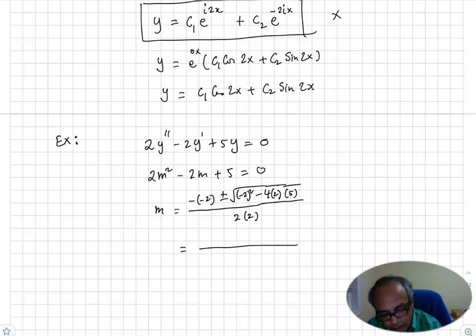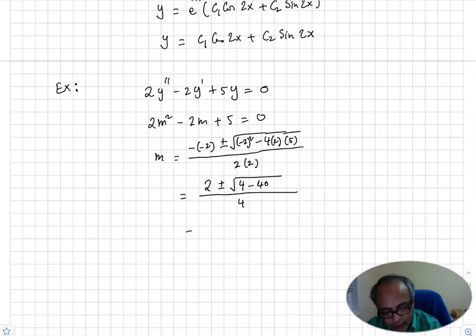So 2 plus or minus the square root of, simplifying this, negative 2 squared is 4 minus 40, divided by 4. You can see that the square root of 4 minus 40 is the square root of negative 36. So plus or minus i, and the square root of 36 is 6.